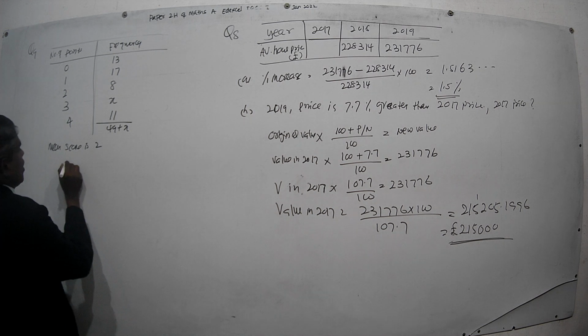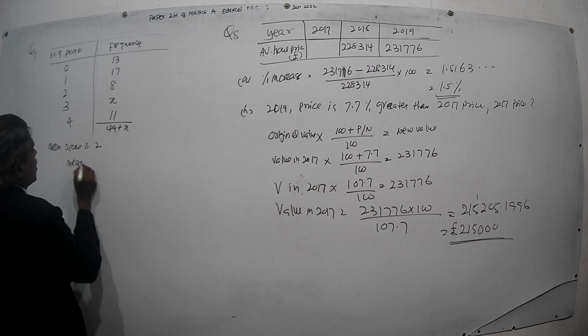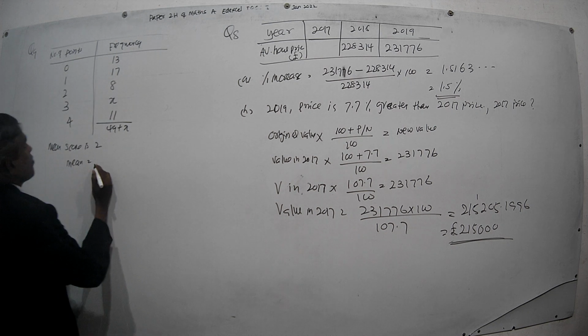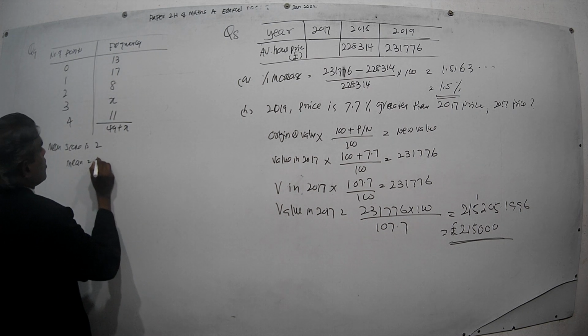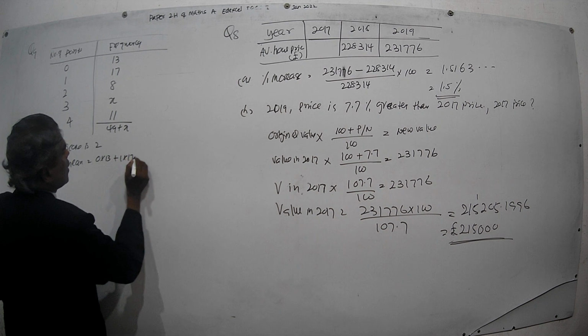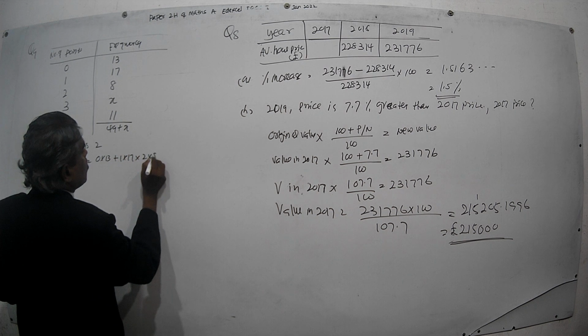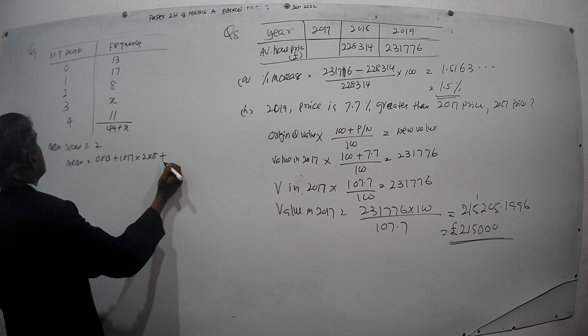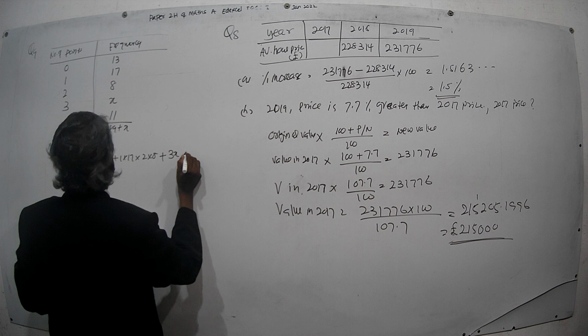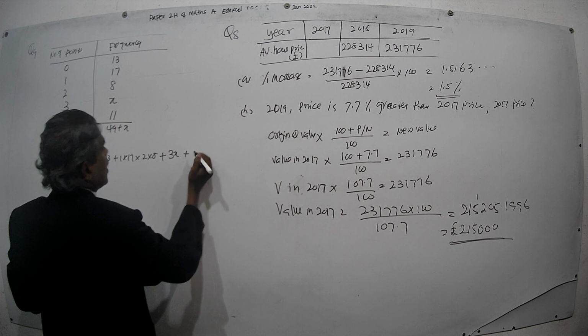Then mean equals 0 multiplied by 13 plus 1 into 17 plus 2 into 8 plus 3 into X plus 11 into 4.